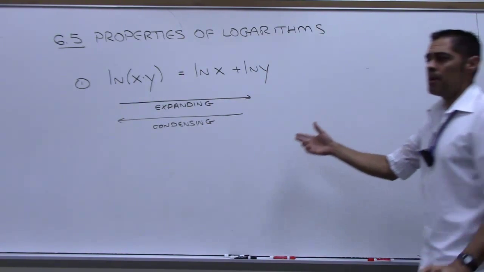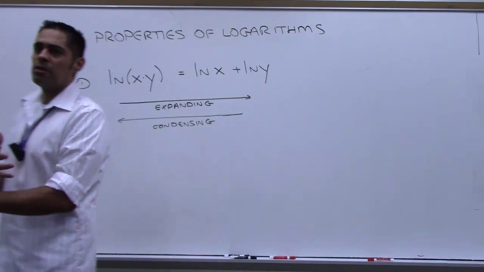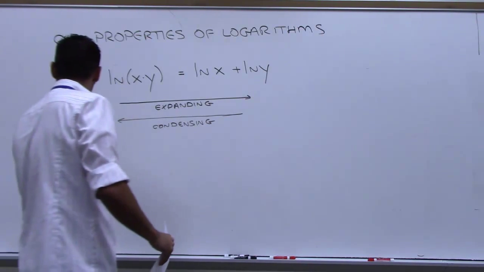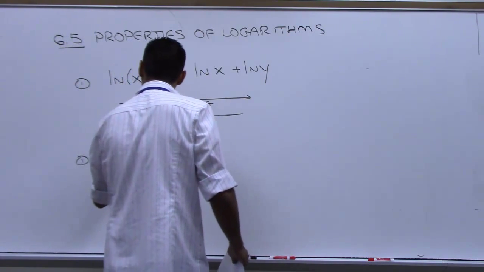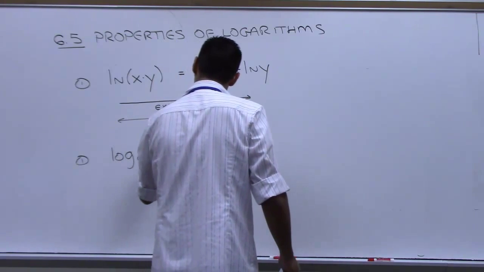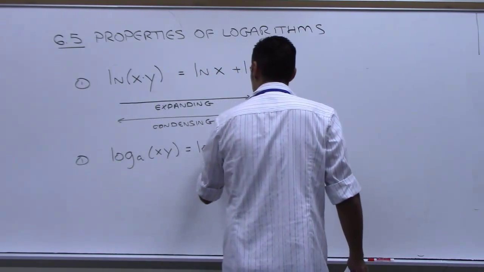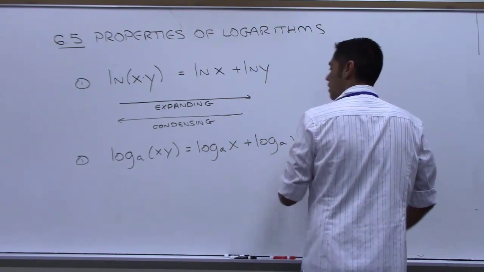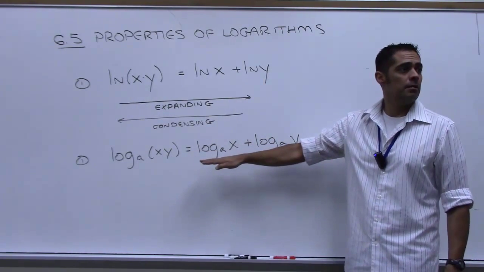Now that's the way that property works for natural log, but this property works for any log, with any base. So that's what the other one on the other side represents. The other formula says, okay, well this will work for any log. So do you all see that this is the same exact property?